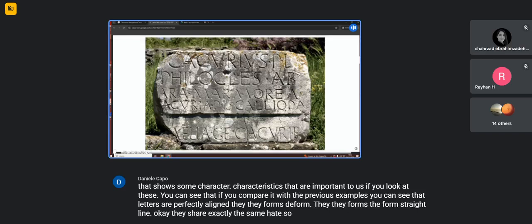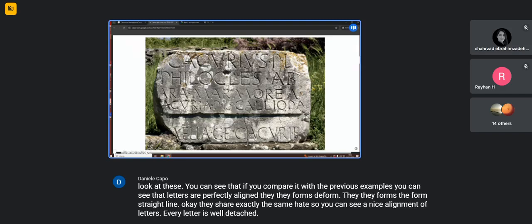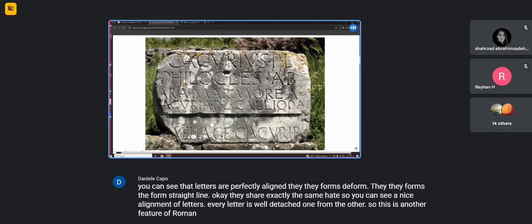So you can see a nice alignment of letters. Every letter is well detached one from the other. So this is another feature of Roman Latin capitals.